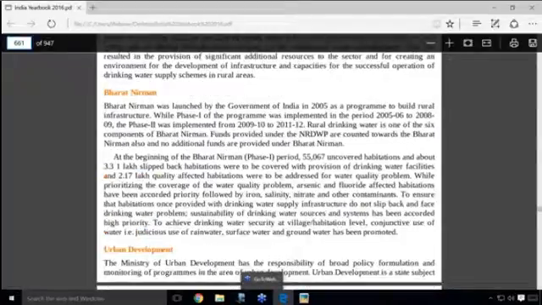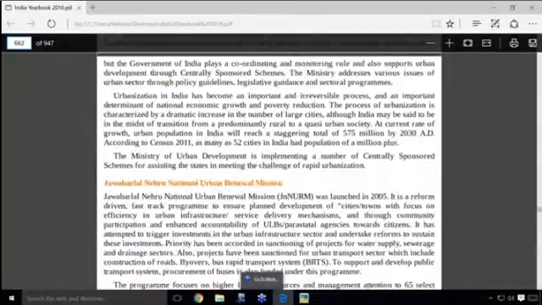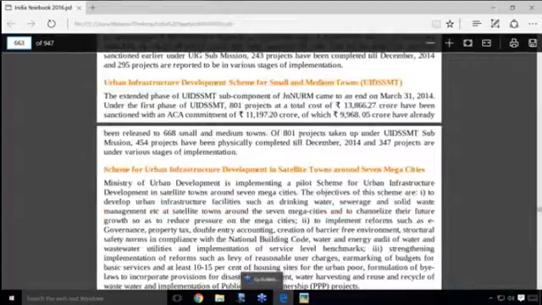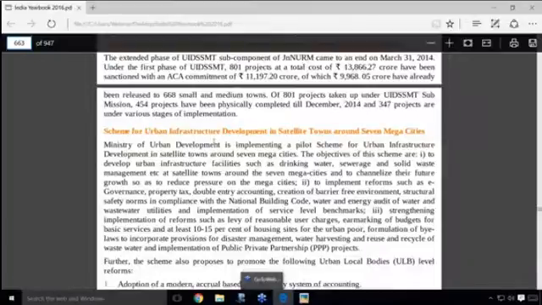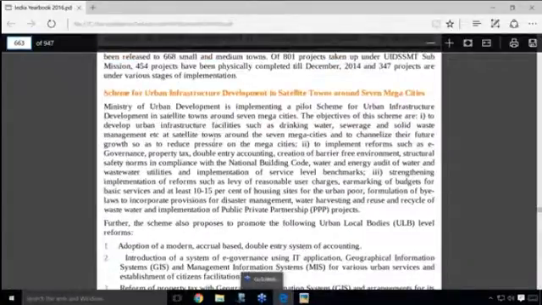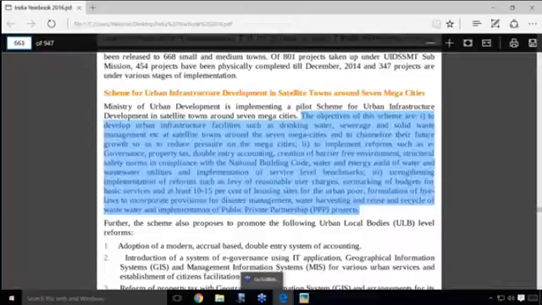Next, let's take urban development. See page 736. JNNURM and all is not required. See page 737. In that, can you see the objectives of the scheme are? Mega cities. So this is important. What is the objective?